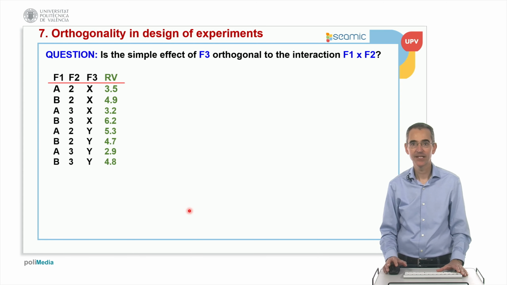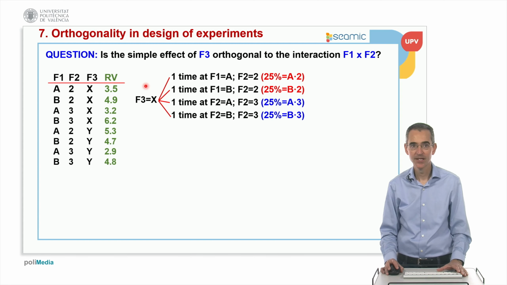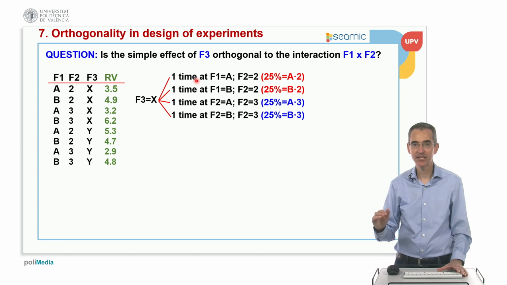Then now, is the simple effect of the third factor orthogonal to the interaction? Something that we can also study. So we have the third factor, which can be x or y, and then the interaction is every combination of the 2 factors, the interaction between F1 and F2. We are not multiplying anything.